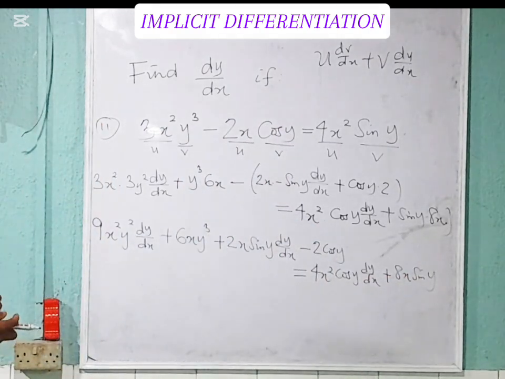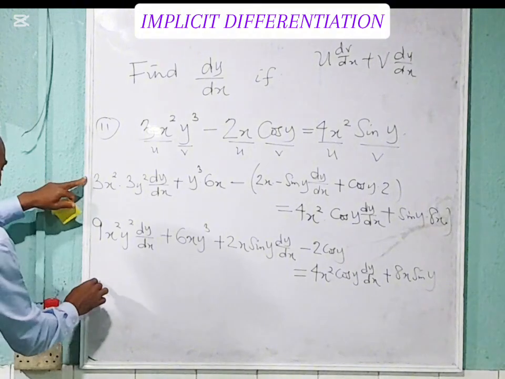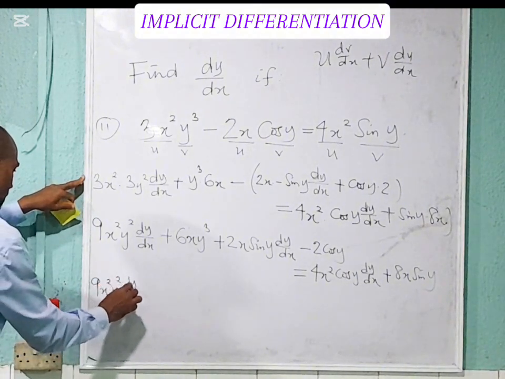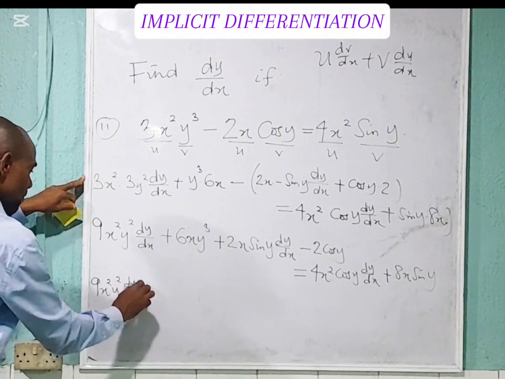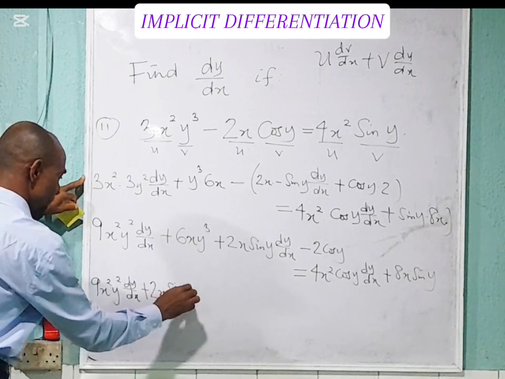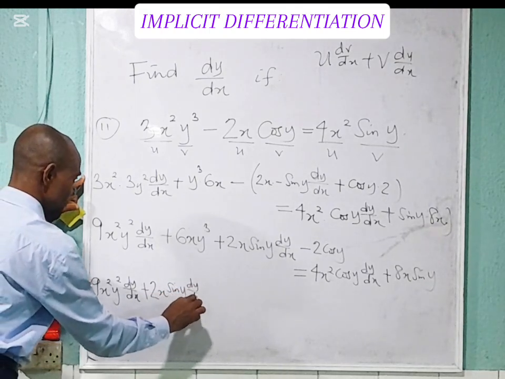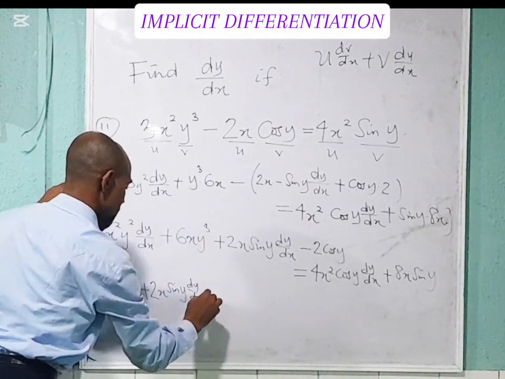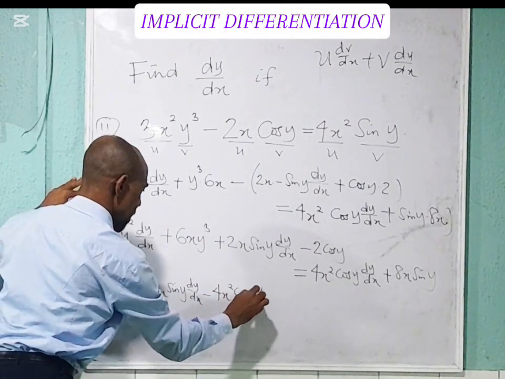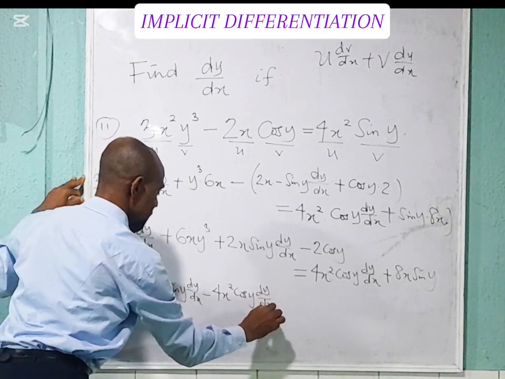So all we need to do at this stage is to collect all the like terms in terms of the dy/dx on one side. So I'm going to have 9x squared y squared dy/dx plus 2x sin y dy/dx, then bring in minus 4x squared cos y dy/dx.